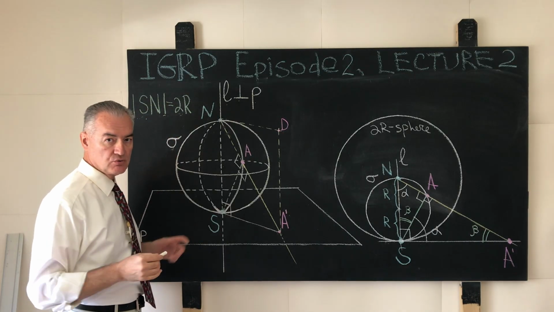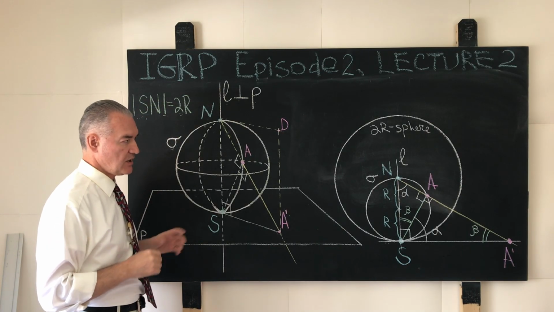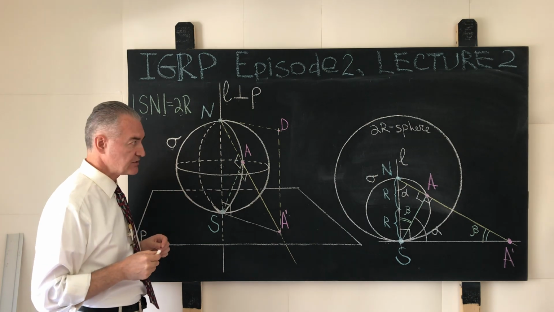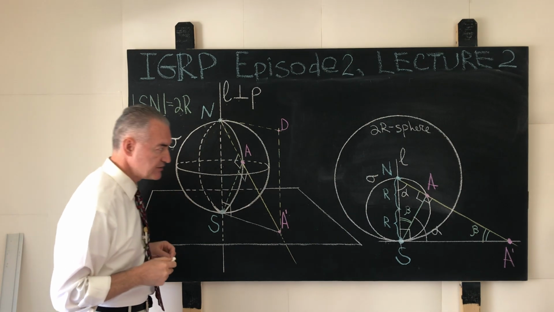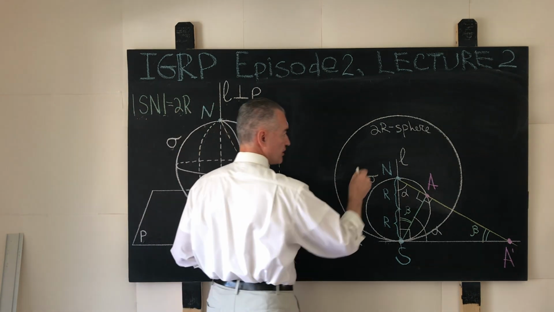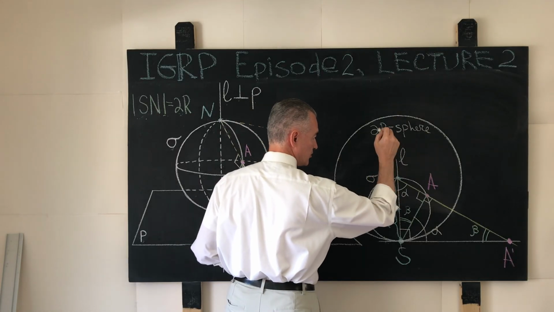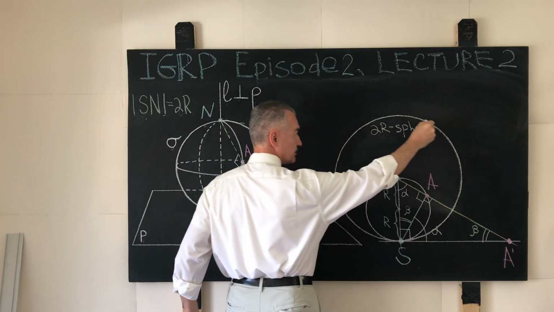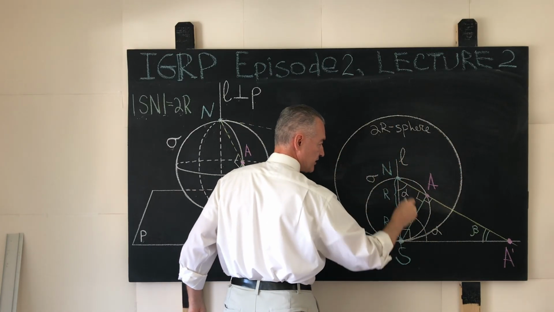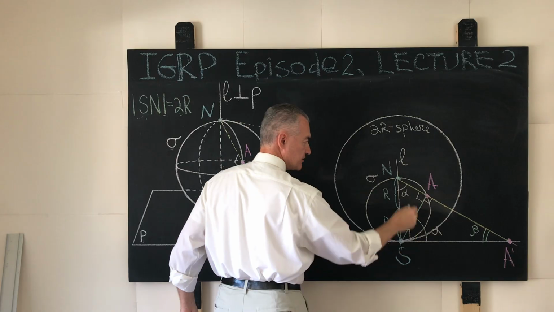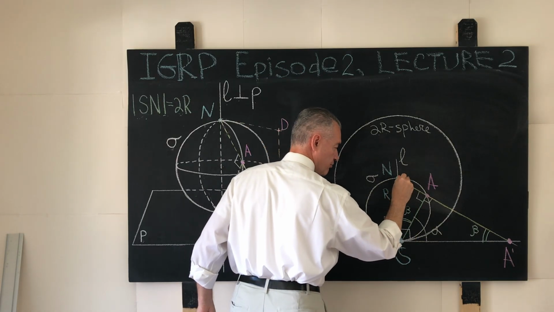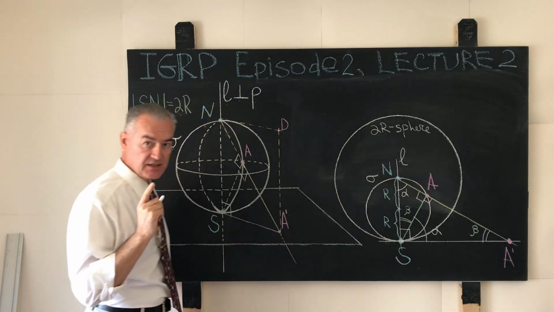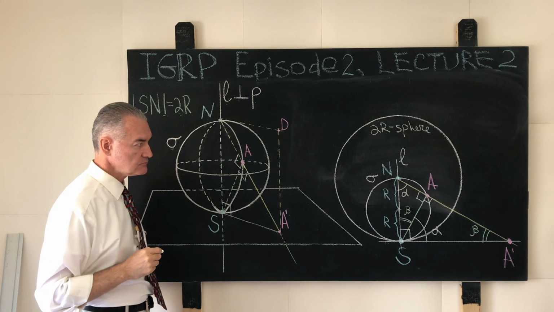In order to not clutter our discussion with too many symbols, otherwise we'll just drown in the symbols, I will refer to that sphere as the 2R sphere, because that sphere shown over here outside, it runs like this. This is the sphere. It has 2R as its radius and the point N, the North Pole of the Riemann sphere, as its center.